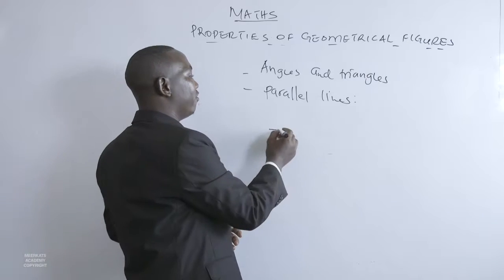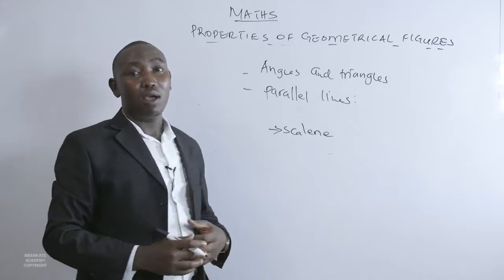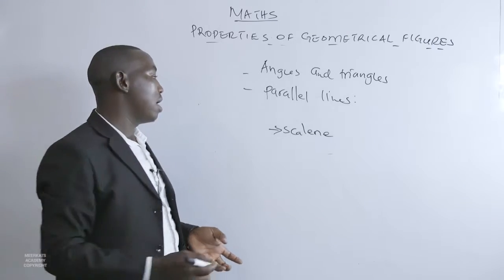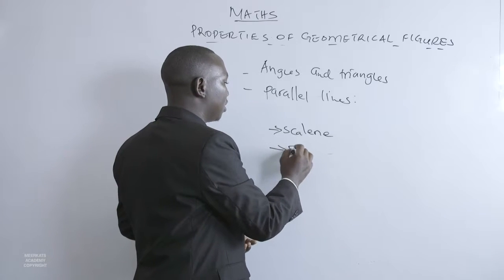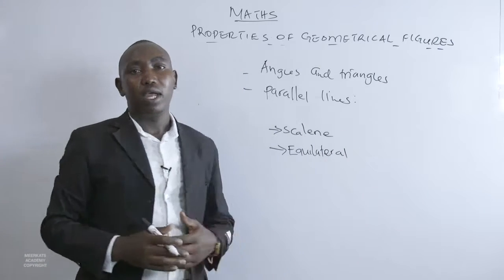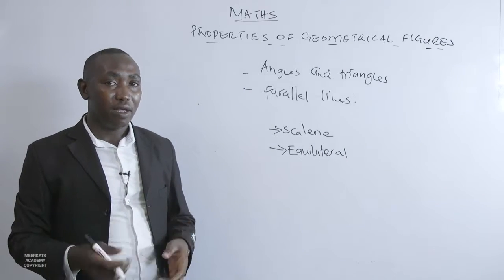Like we mentioned a scalene triangle, in which all the sides and all the angles are not equal. The opposite is an equilateral triangle, in which all the angles and all the sides are equal.